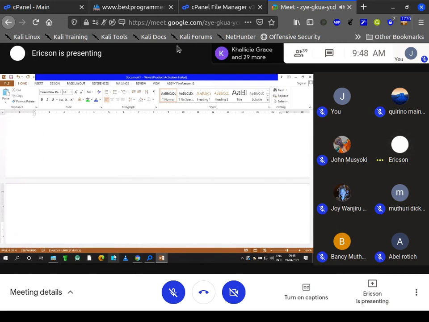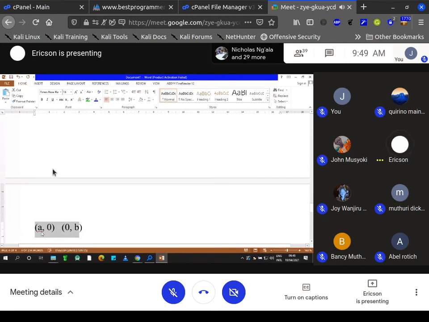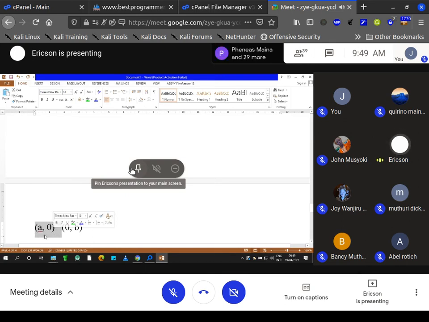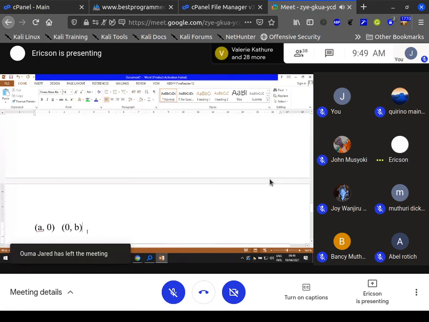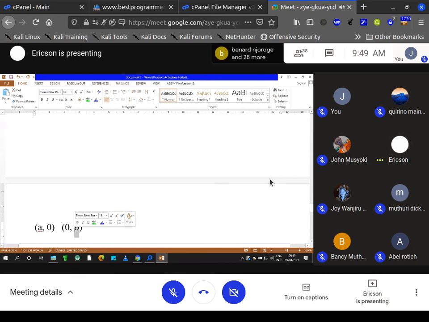We can talk of a line that passes through the points A, 0 and 0, B. If a line passes through these 2 points, A and B are the x-intercept and y-intercept respectively.